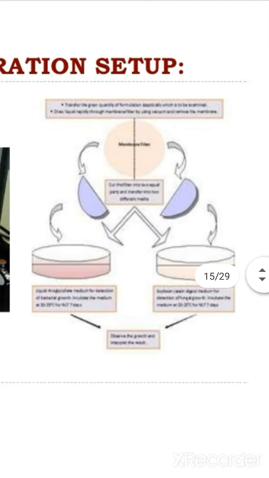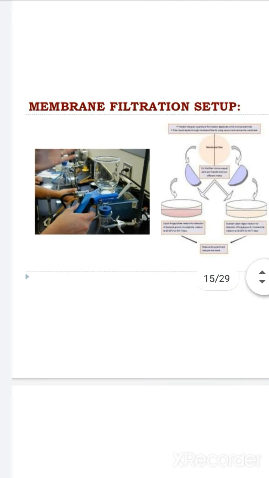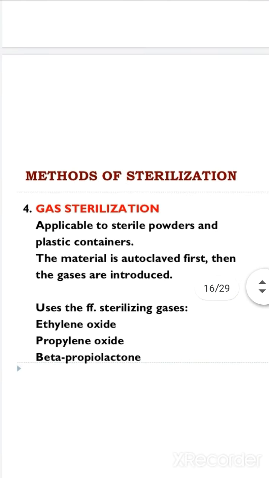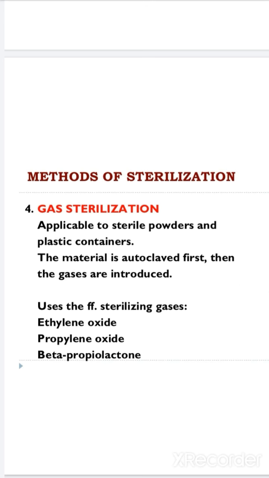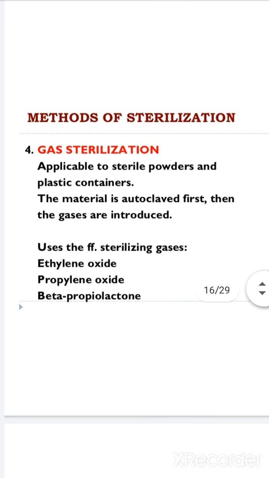Then we have the fourth method, gas sterilization, applicable to sterile products and plastic containers. The material is autoclaved first, then the gases are introduced. Sterilizing gases include ethylene oxide, propylene oxide, and beta-propiolactone.